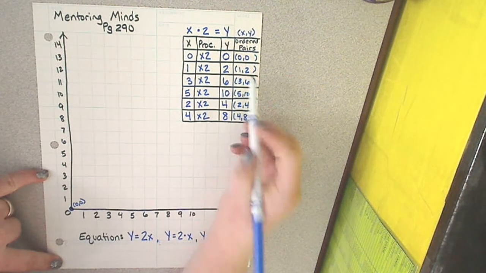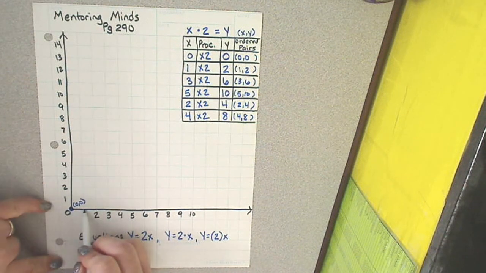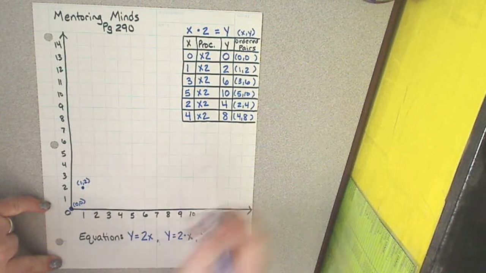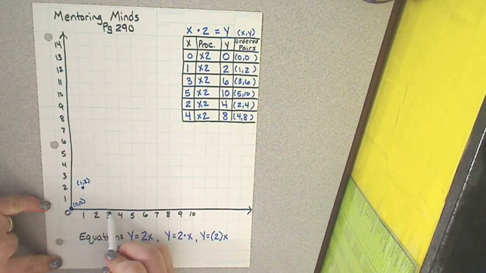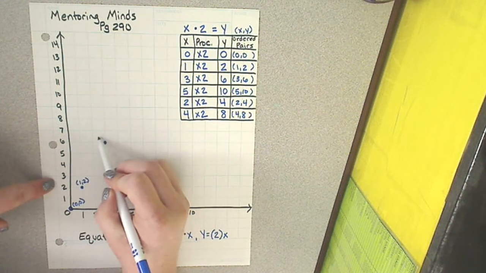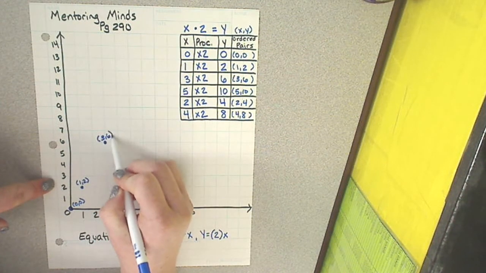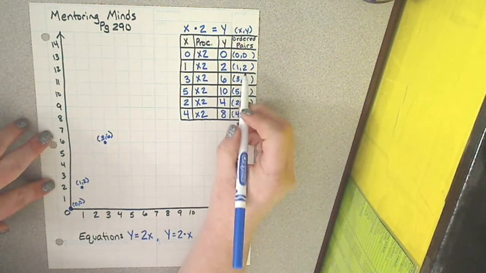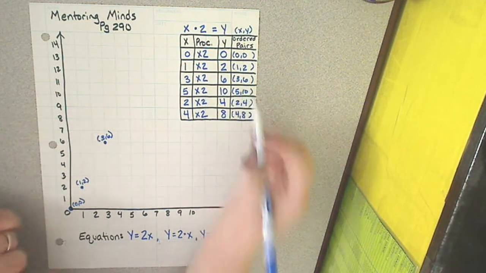Our first point is 1, 2. So I go horizontally to 1, vertically until I find 2. 3, 6: horizontally to 3, vertically until I find where it intersects with 6. We already plotted 1, 2, 3, 6, and now 5, 10.